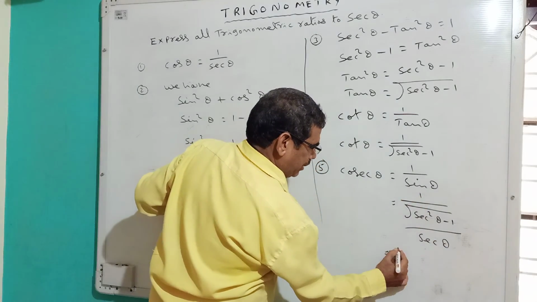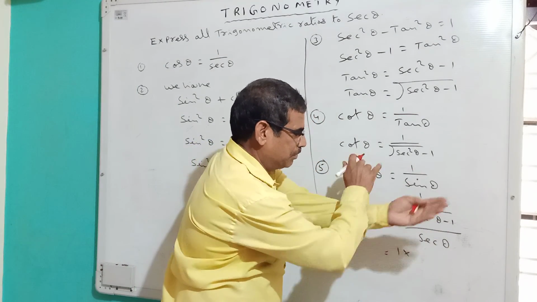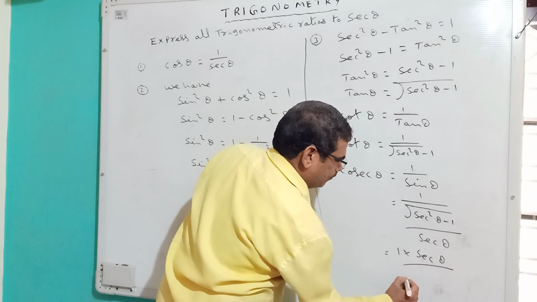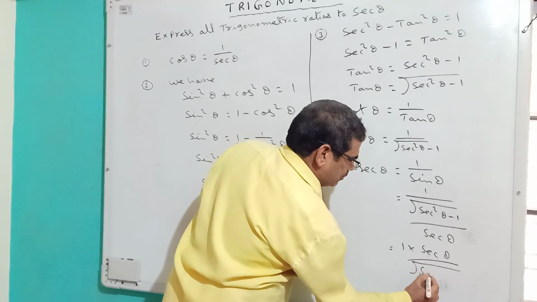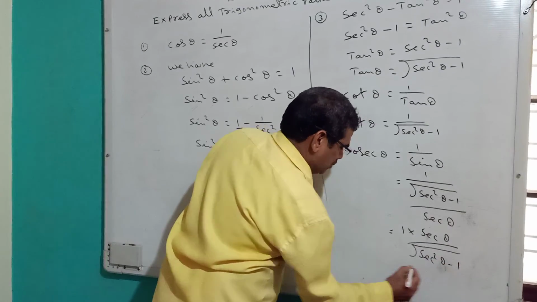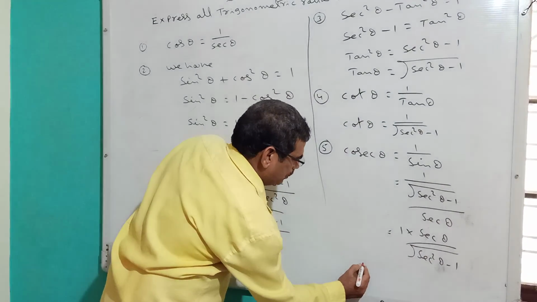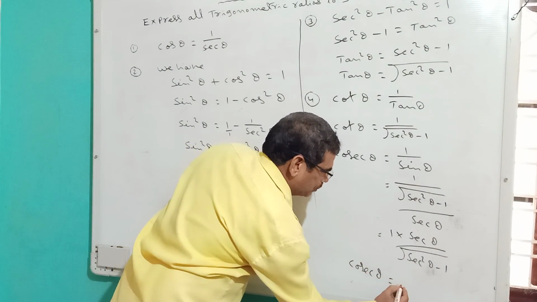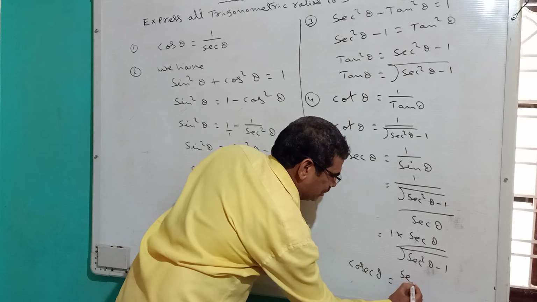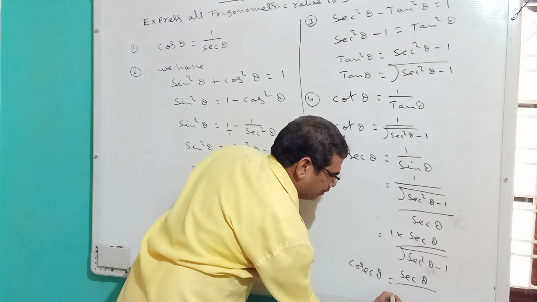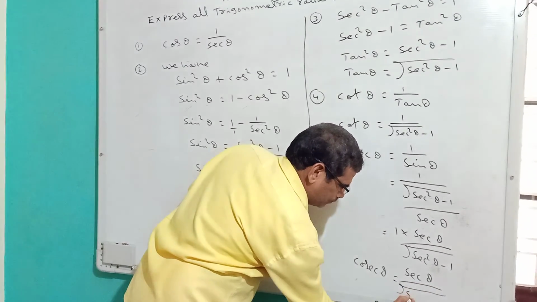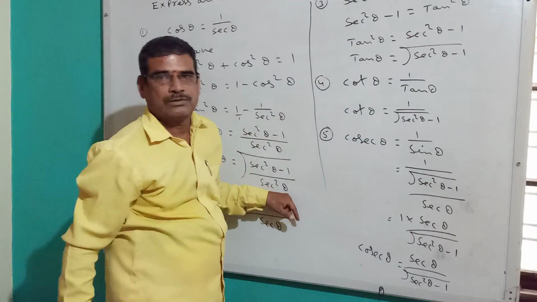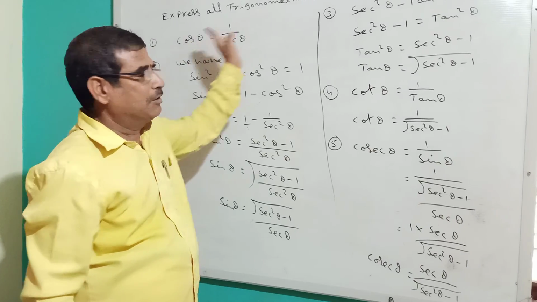So 1 by this will be the reciprocal: secant theta by root of secant square theta minus 1. Therefore, cosecant theta is equal to secant theta by root of secant square theta minus 1. So all trigonometric ratios are converted to secant theta.